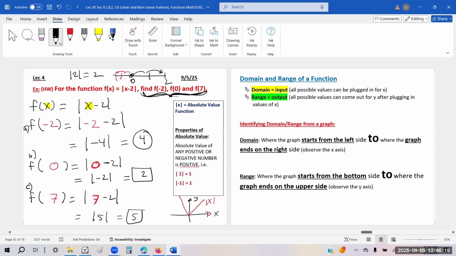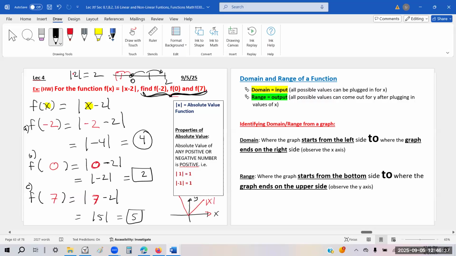Observe your function. If you're given a graph, you observe your graph and see what is the smallest x value you have in your graph until what's the largest x value you have. And then put them in interval notation with a comma between the two numbers. Same thing for y.